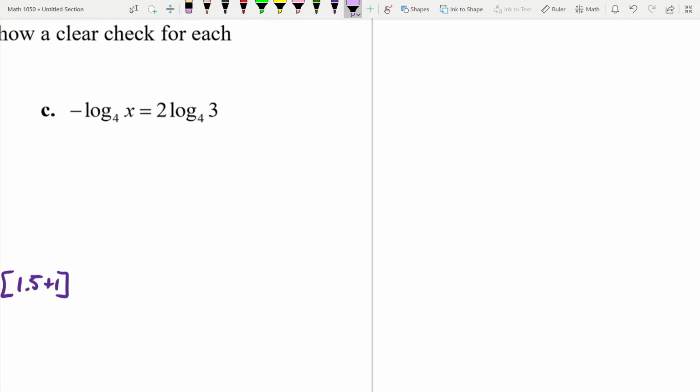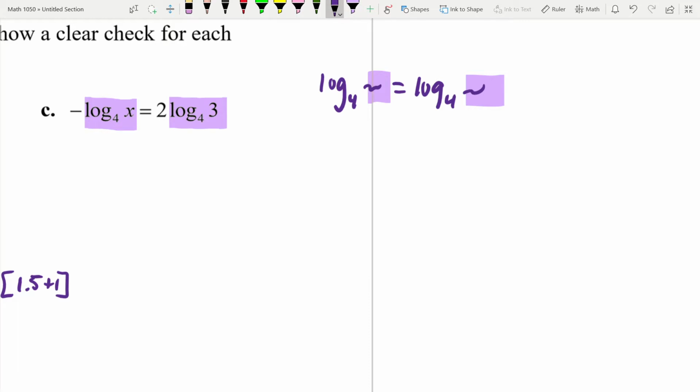As soon as I look at this problem, I see log base 4 of something and log base 4 of something. So I know if I could get it to look like log base 4 of this equals log base 4 of that, then this and that must be equal to each other. I can't do that right now. What could I do with this negative?